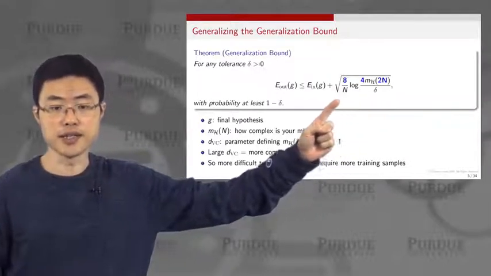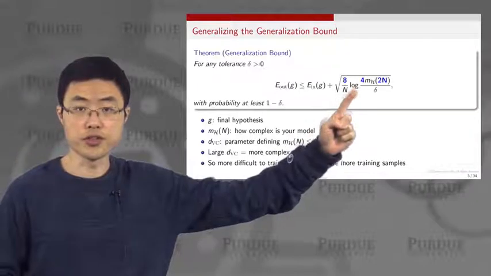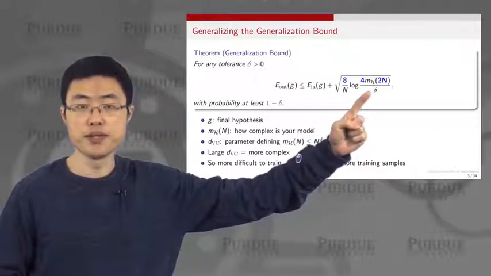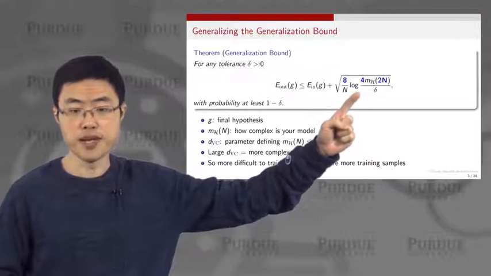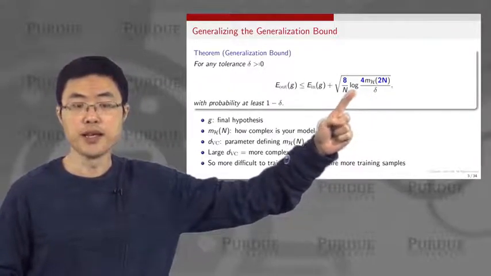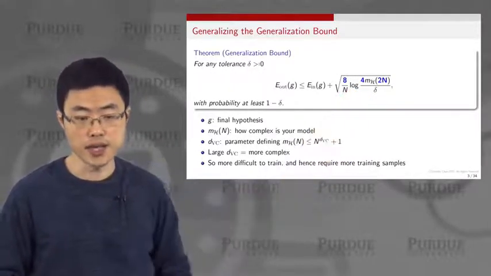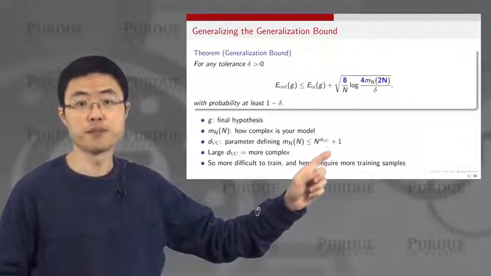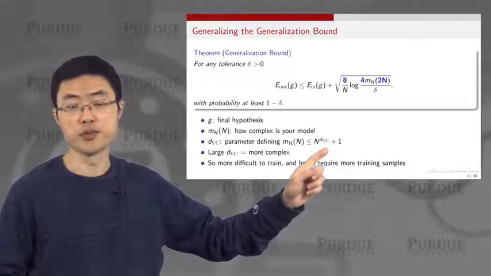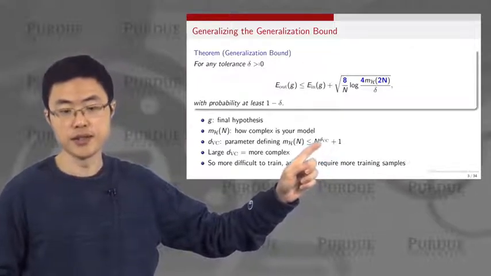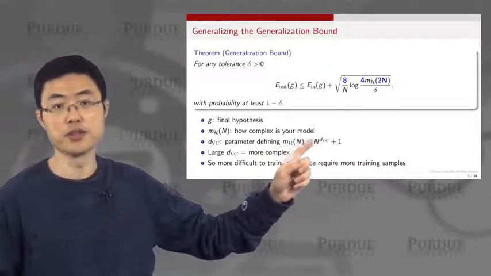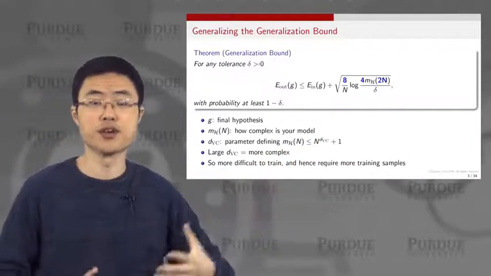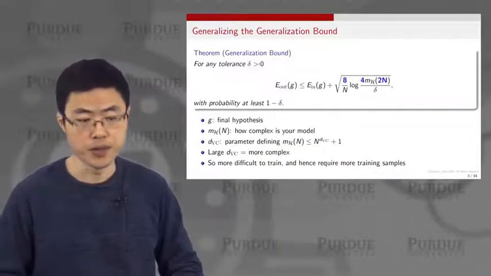This accuracy is expressed in terms of the growth function mH of 2N, and this N will be the number of training samples. mH is called the growth function, and using Sauer's lemma, we show that the growth function can be upper bounded by a polynomial in terms of N. And the power of the polynomial is measured in terms of the VC dimension, d_VC, and that is a measure of the complexity of the model.